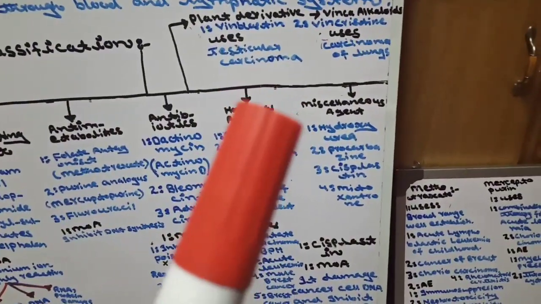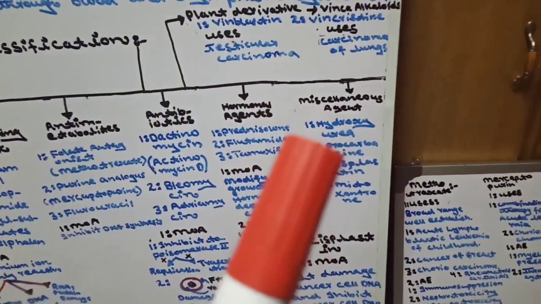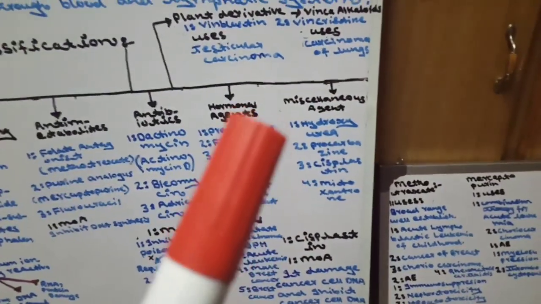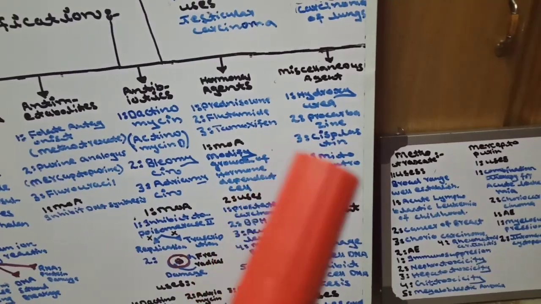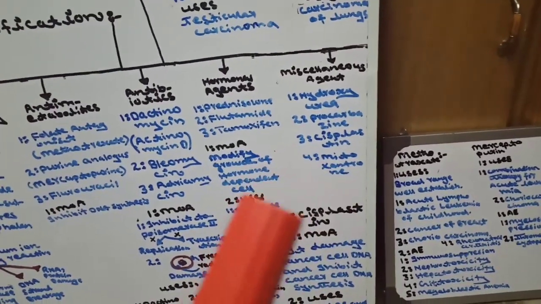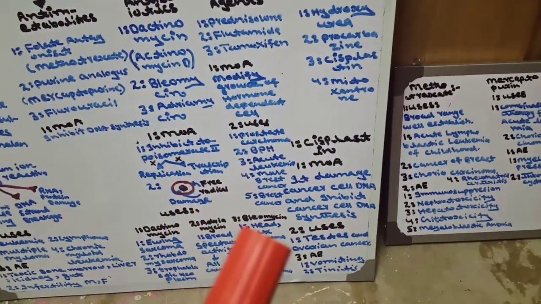Next come to the 5th group, miscellaneous agents. In miscellaneous agents, cisplatin is most important. Therefore, we study in detail only cisplatin, its mechanism of action, its uses and its adverse effects. Now, start from the mechanism of action.